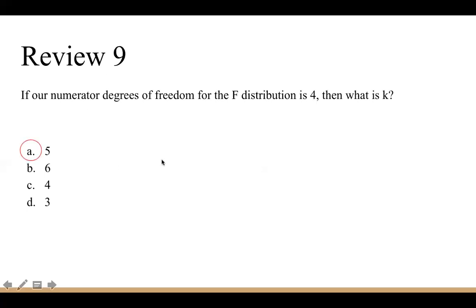Okay, so our answer here is A. So if you remember, K is our number of groups, and our degrees of freedom we calculate as K minus 1. So if our degrees of freedom is 4, then 5 minus 1 equals 4, so our K must be 5. So good job on that.